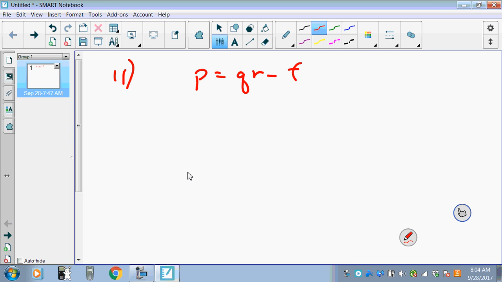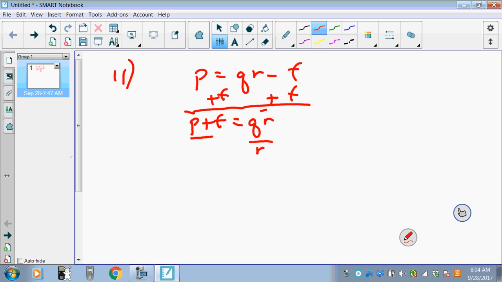Rewrite the equation solving for Q. So same kind of problem. Let's add F over here. This is P plus F is equal to QR, and again we're solving for Q. So we're going to divide by R, so quantity is going to be P plus F over R.